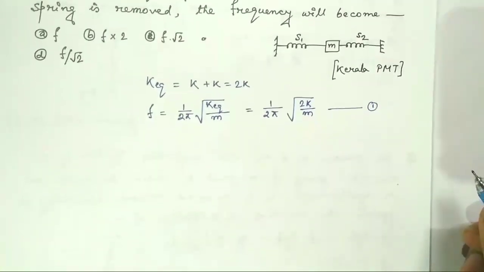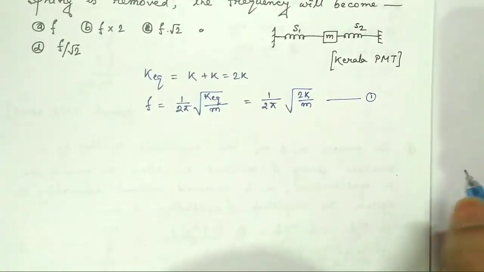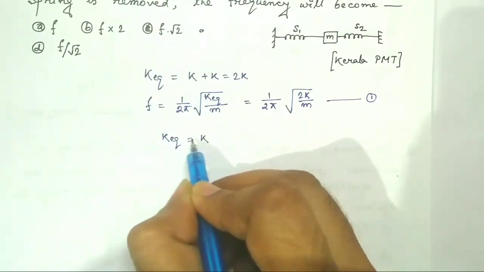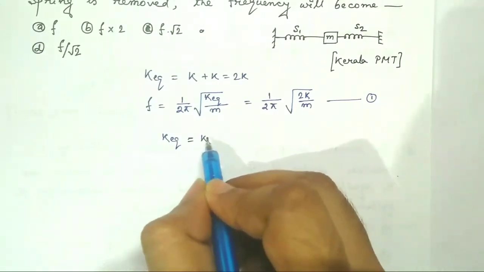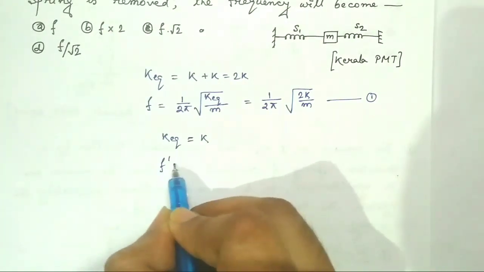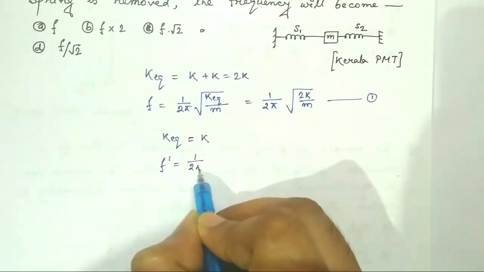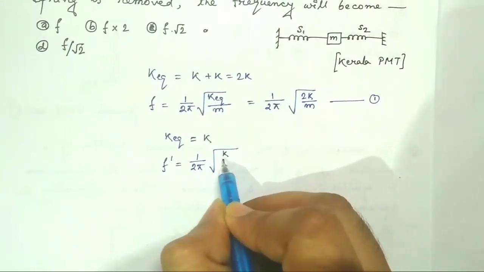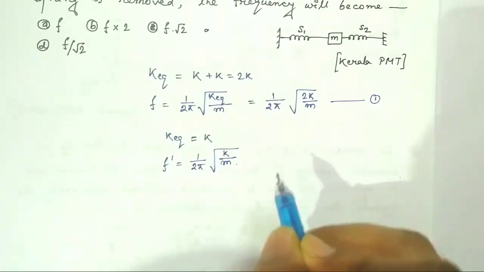Now, one spring is removed, that is the equivalent force constant in this case will be K. There is just one spring. So, in that case the frequency will be f prime equal to 1 by 2 pi root over of K equivalent by m, but K equivalent equal to K, so it is root over of K divided by m.